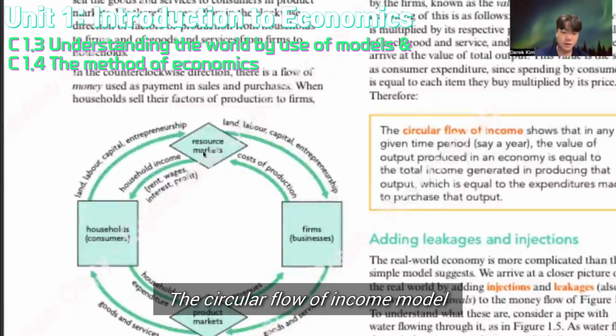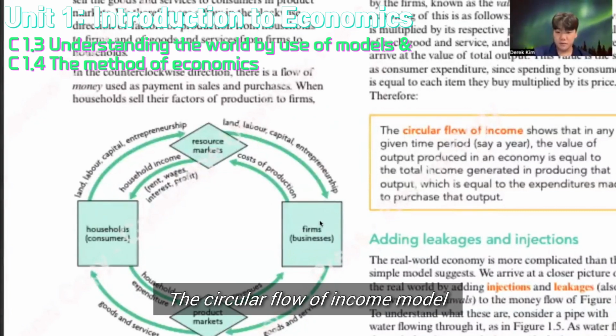And then that gets distributed to each household as income, which is rent, wages, interest, and profit. Now let's match each household income type to factors of production type. Rent would be, you're right, land. Wages would be, you're right again, labor. Interest would be, you're right again, capital. And profit would be entrepreneurship.